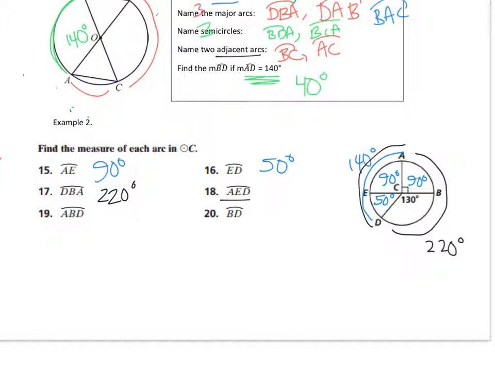So this is 140 degrees, oops. And then ABD is 220 degrees. And then BD is 130. So I don't know why the book did this one when this is technically not a major arc, it's a minor arc, but they put three letters.